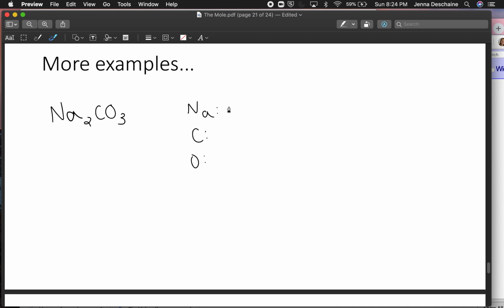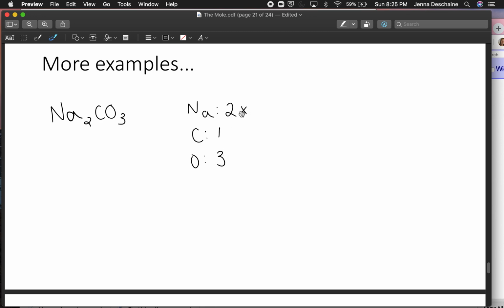All right, so I'm going to count how many atoms I have of each element. So right here I have 2 atoms of sodium, all right, 1 atom of carbon, and 3 atoms of oxygen, okay?